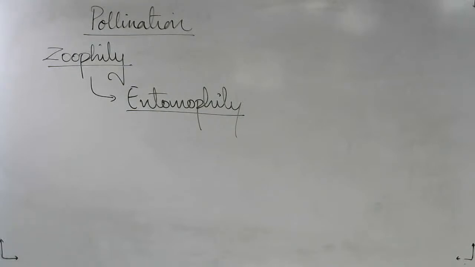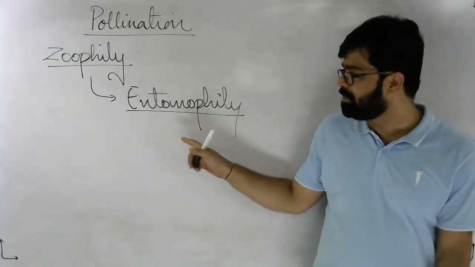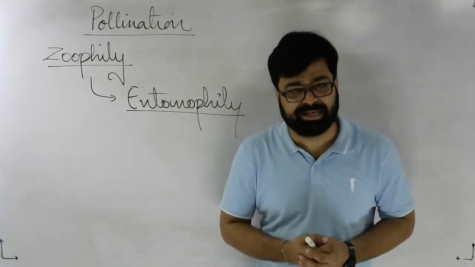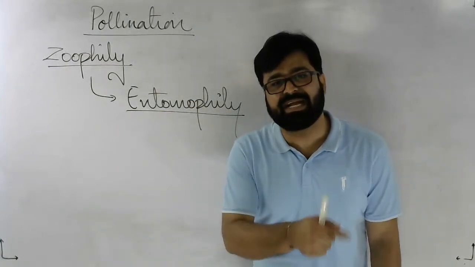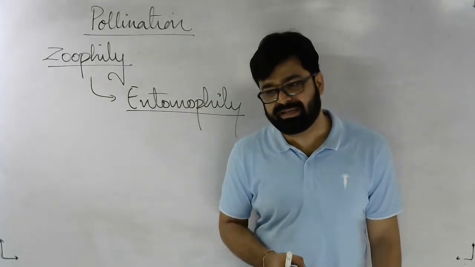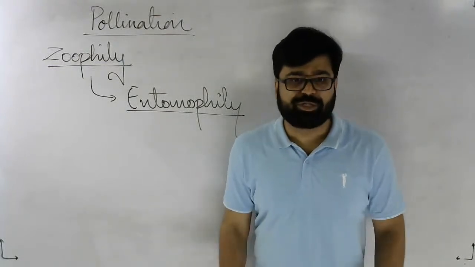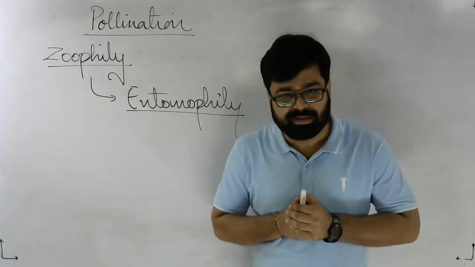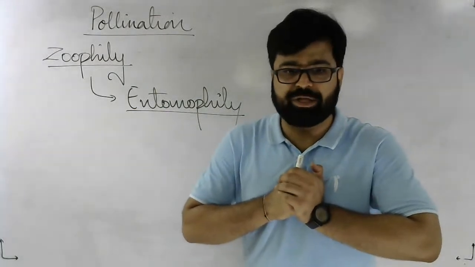That's it. Okay. In some cases, an entomophilous plant should have a safe environment for egg laying, right? Many insects lay their eggs inside the flower, okay? While they are coming for laying eggs, accidentally they perform pollination, right? So there should be a safe environment for egg laying in the flower, so that the insect can come and perform pollination.